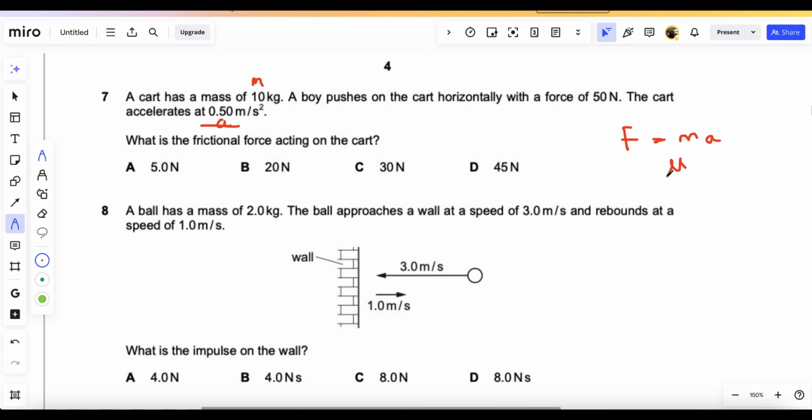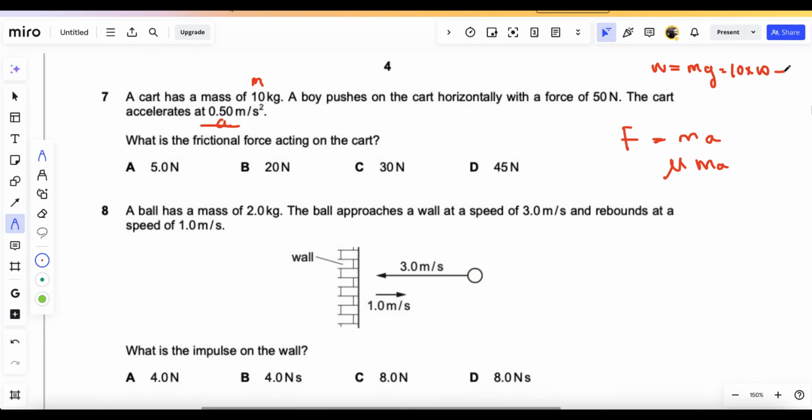The frictional force is the coefficient of friction times the normal force. We have the weight of the object as mg, so 10 times 10 gives us 100 newtons as the weight.